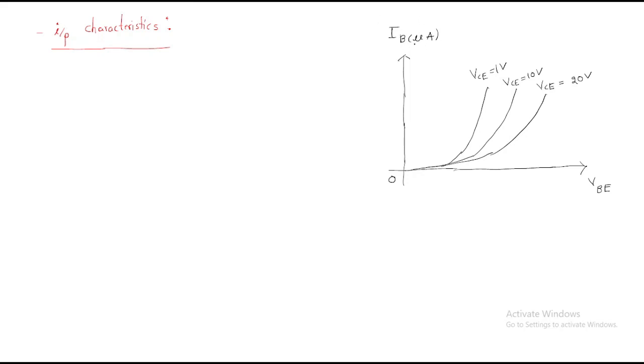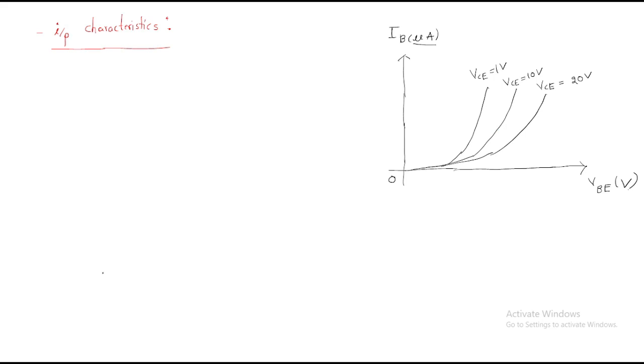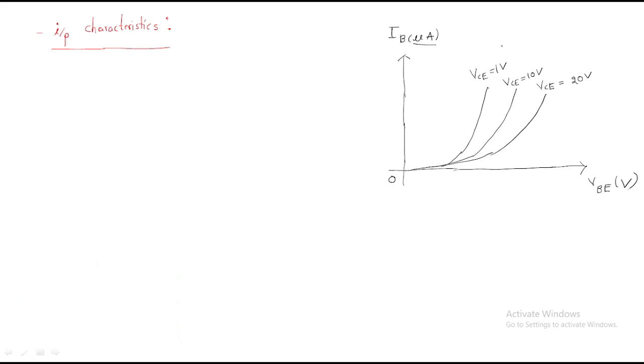Base current is generally in microamps and VBE in volts. But in order to get the input characteristics, we have to fix the output voltage. We have to take fixed values of the output voltage.